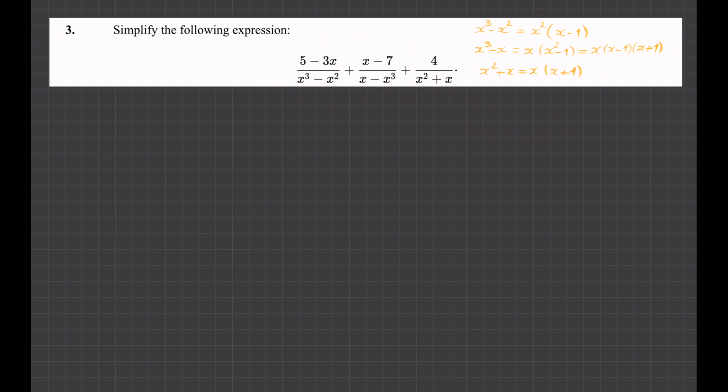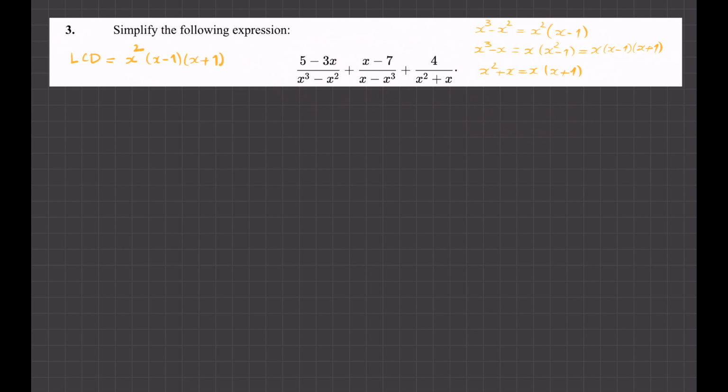So LCD that I am looking for, let me write it here. So LCD becomes x squared multiplied by x minus 1 multiplied by x plus 1 with the highest exponents. For x is 2, for the other ones is 1. So this is your LCD.